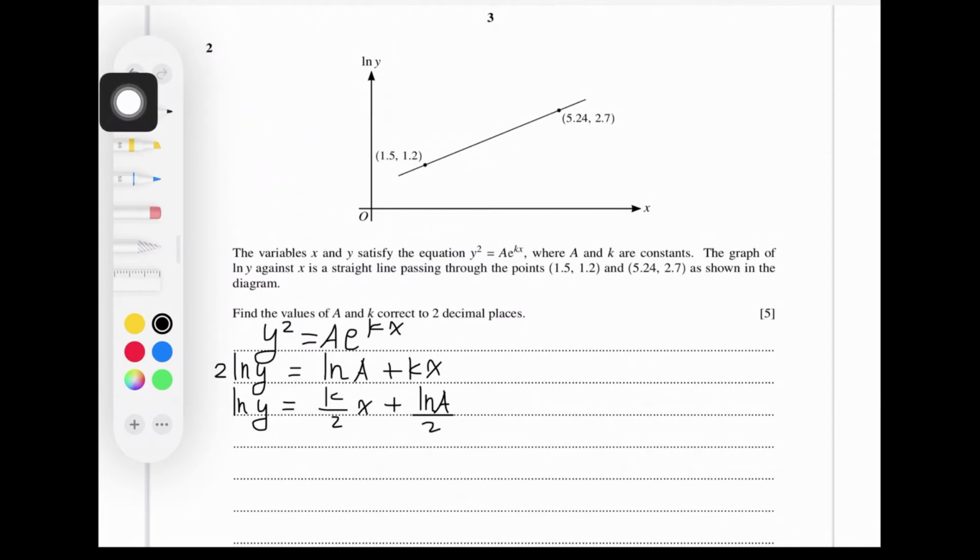So here it's the same comparing with the straight line equation y equals mx plus c, in which y is equal to ln y. So the gradient of the straight line is k over 2.